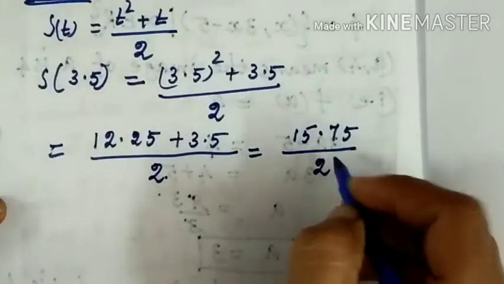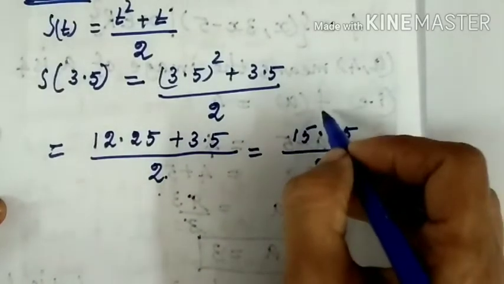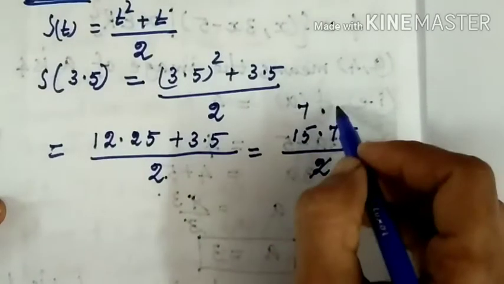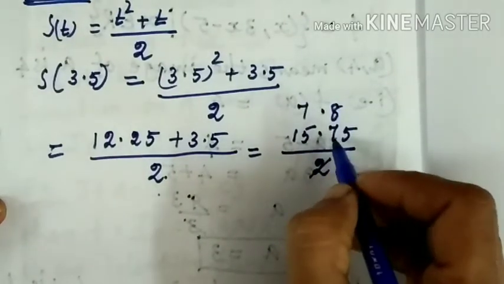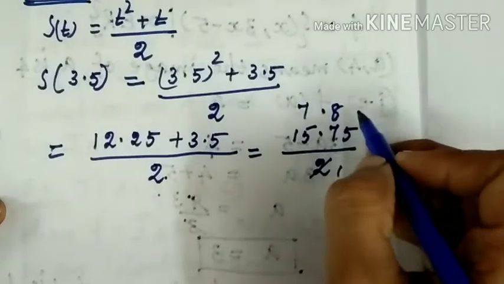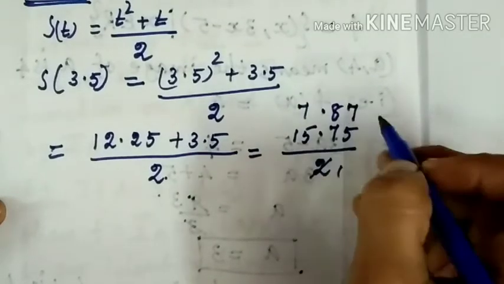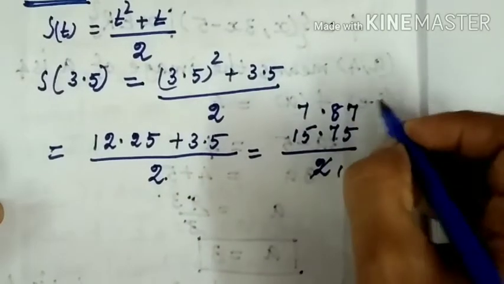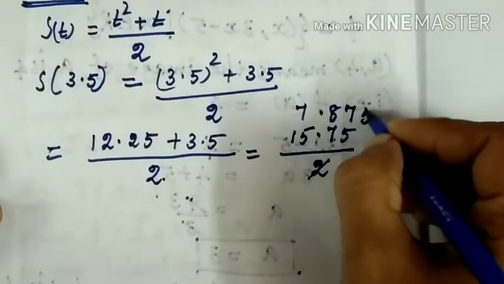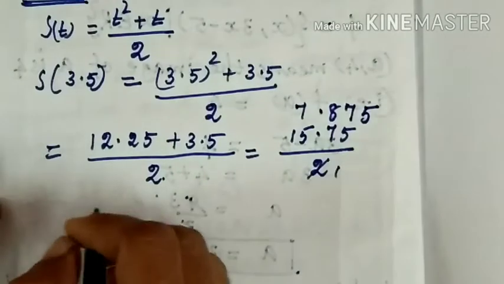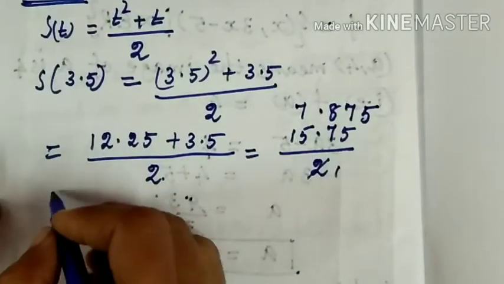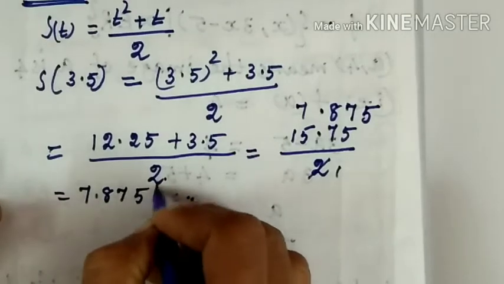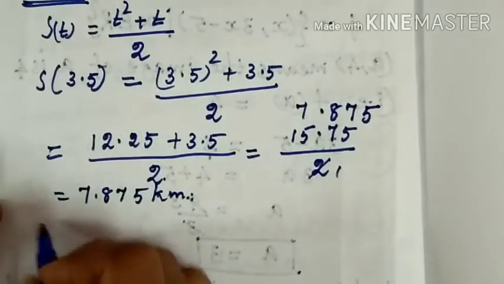Now you divide by 2: 1 2 is 2, then 7 2s are 14, remainder 1, 8 2s are 16, remainder 1, 7 2s are 14, remainder 1, 10, then 5 2s are 10. Therefore, the answer is 7.875 kilometers.